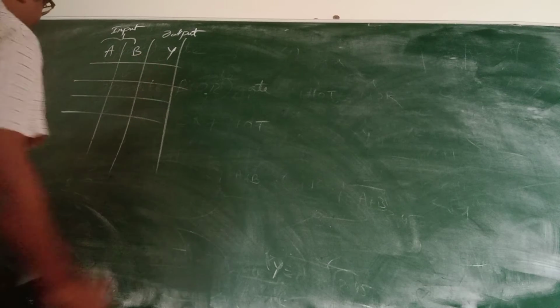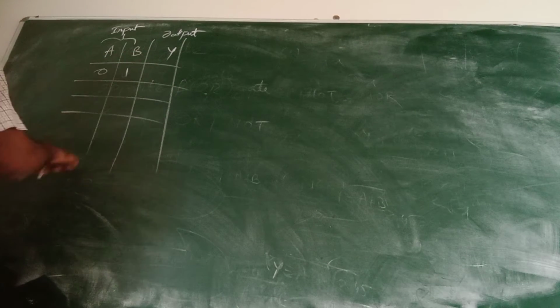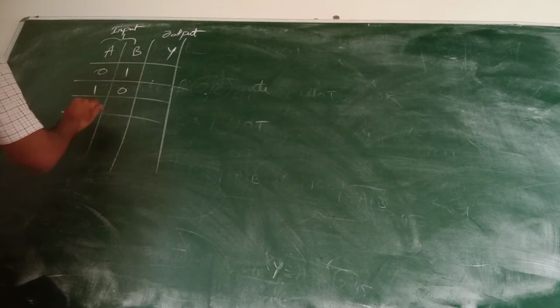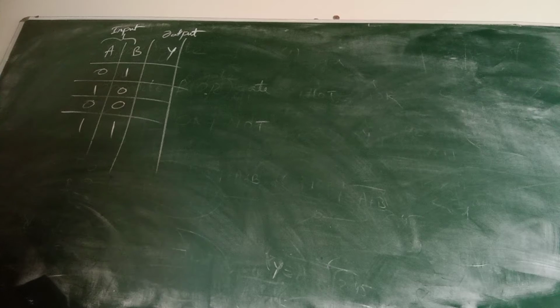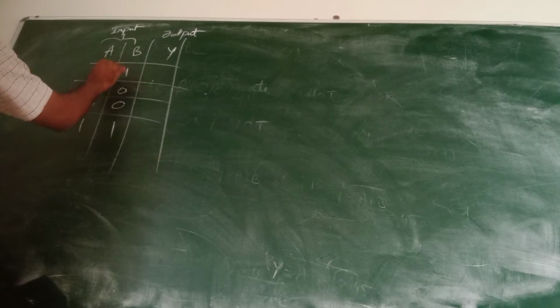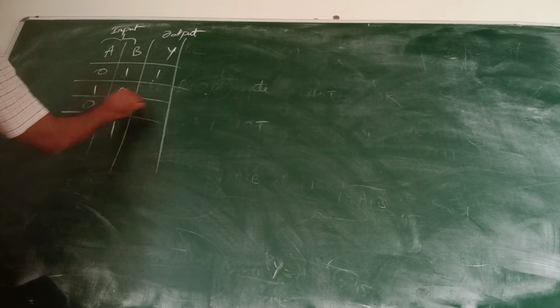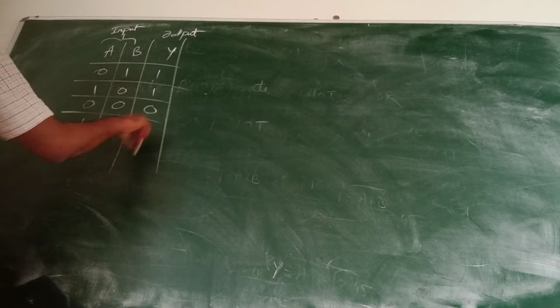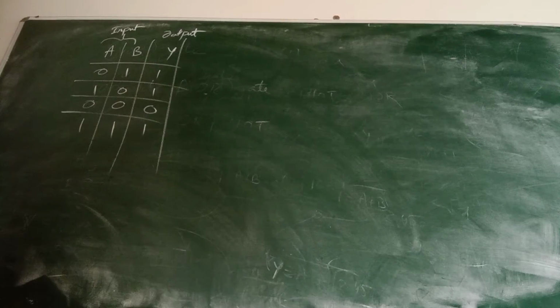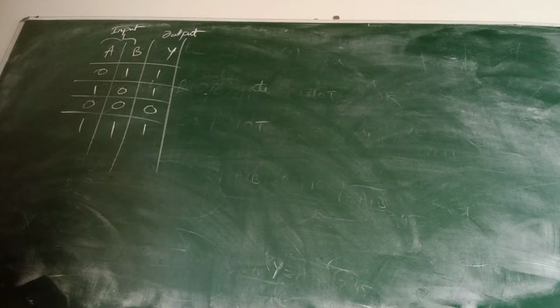So what are the possibilities here? This can be low, this can be high, this can be high, this can be low, and both can be low and both can be high. So here one of them is high, 1. Both are low, 0. Both are high, 1. Alright. So this is the output of a OR gate.